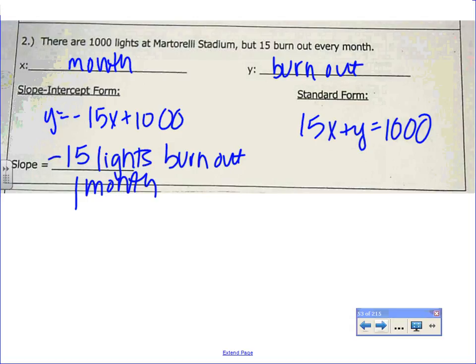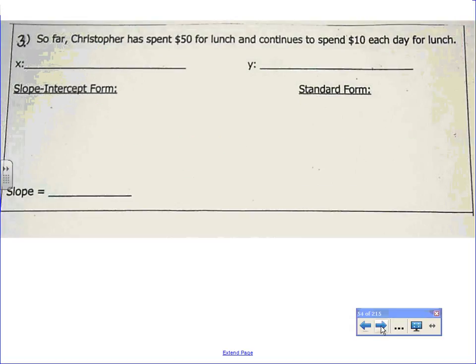Yeah. Make sure you're filling that one in since you didn't do it.